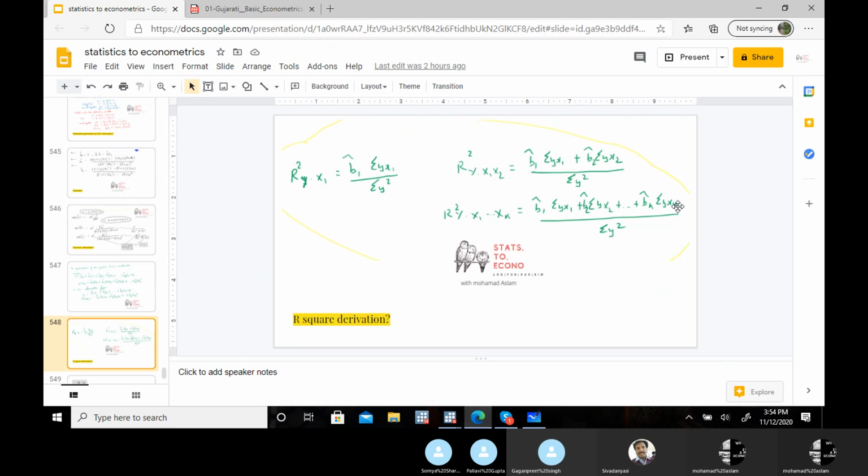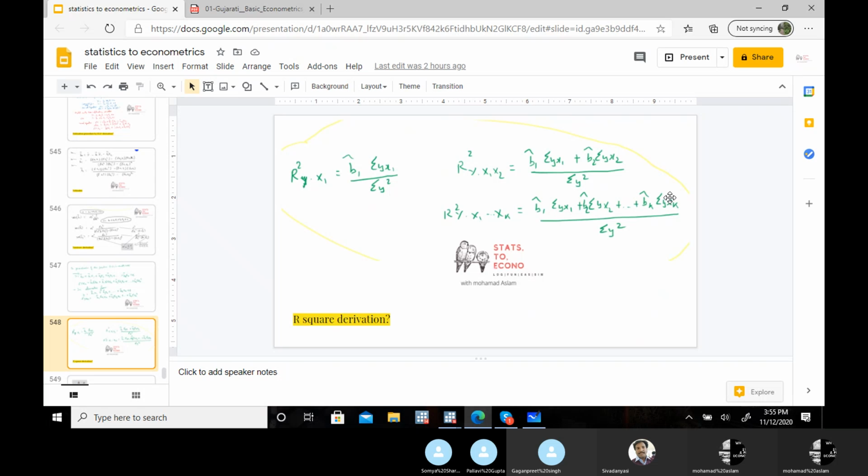If you have k independent variables, just add these terms: beta 1 hat summation yi x1, then beta 2 hat summation yi x2, plus beta 3 hat summation yi x3, plus till k.